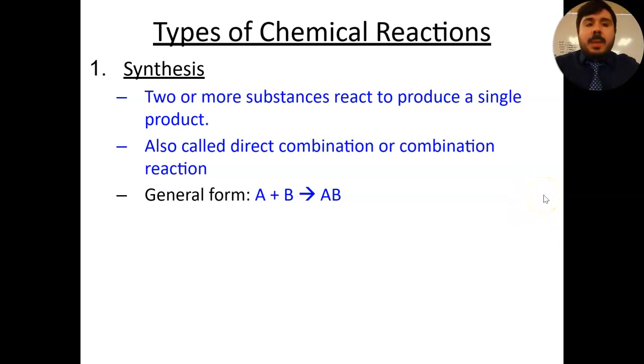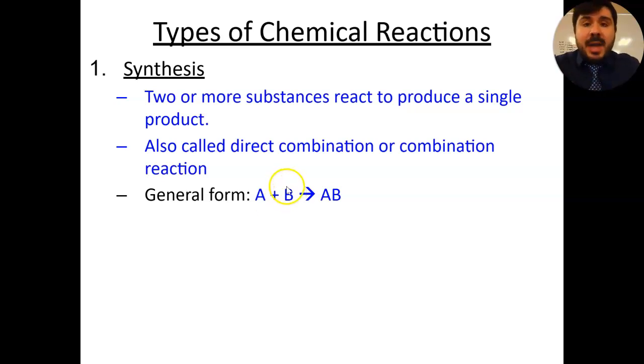Now, all of these chemical reaction types we're going to talk about, these 4 we're going to discuss today, they all have a general form. And when I say general form, I mean they just have A's and B's and C's and D's as placeholders for chemical formulas, right? So you can imagine that this A here could possibly be any of our elements, atomic symbols from the periodic table, right?